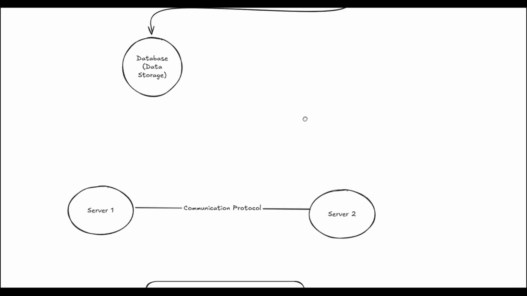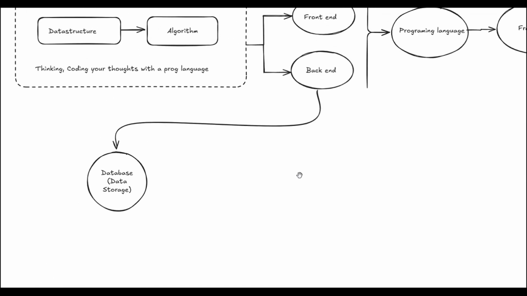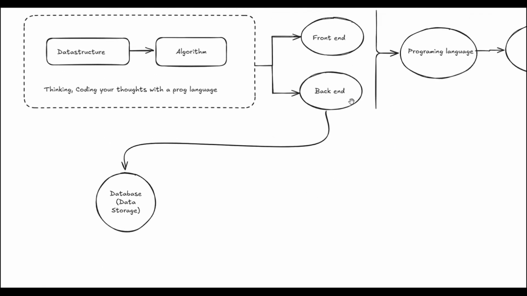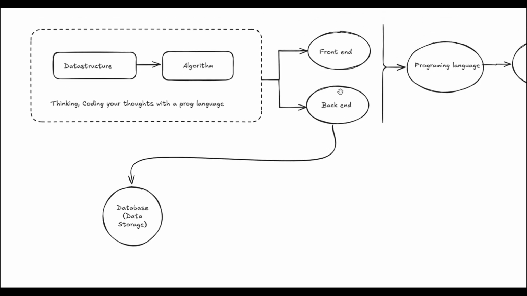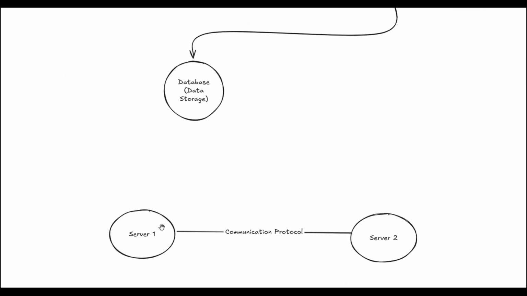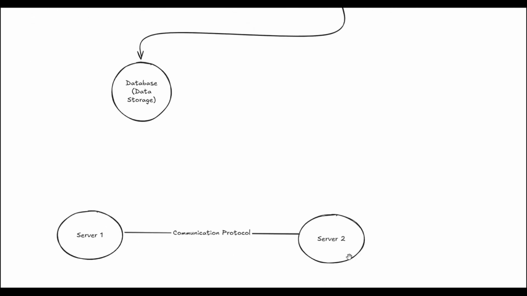It depends on the problem. We'll dive deeper the next time in other videos. And a very common scenario when you work is you have some front end and some server one and some back end and server two. We call that client server communication, and then you'll probably be using something like REST or so.